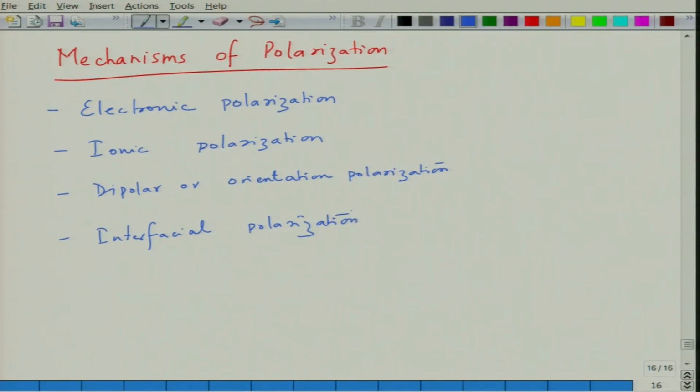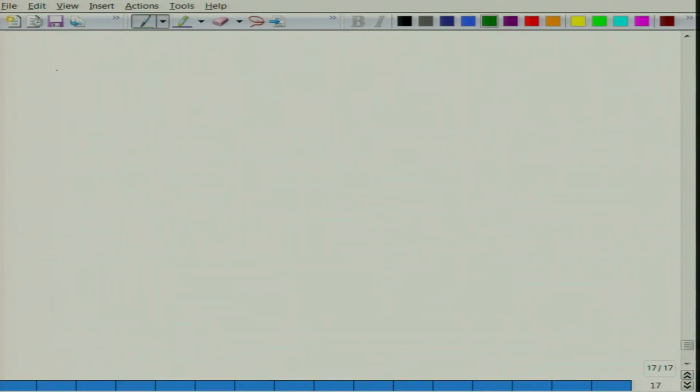So what is electronic polarization? Let us go one by one. Electronic polarization happens at the level of electrons, basically, as by definition.